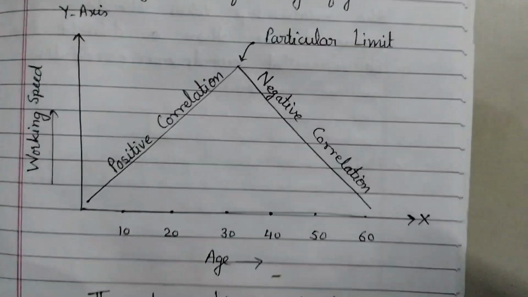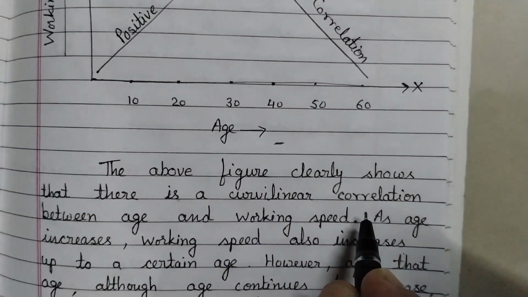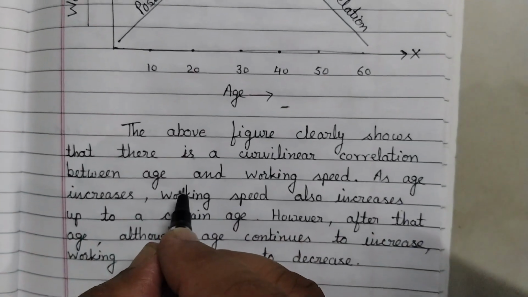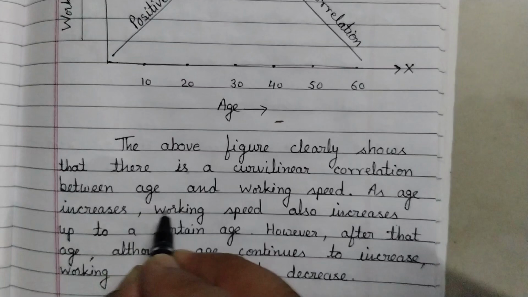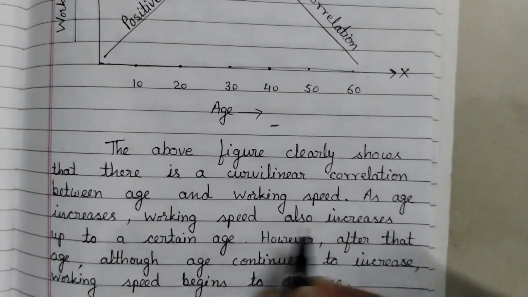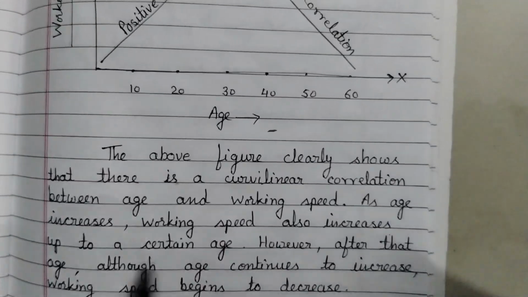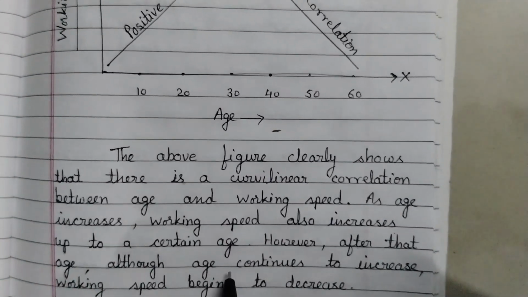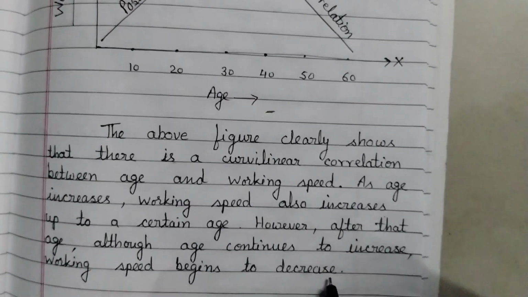The above figure clearly shows that there is a curvilinear correlation between age and working speed. As age increases, working speed also increases up to a certain age. However, after that age, although age continues to increase, working speed begins to decrease.